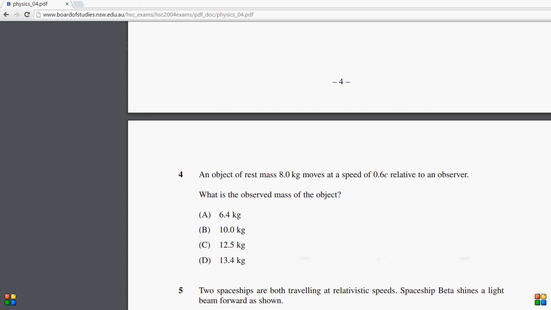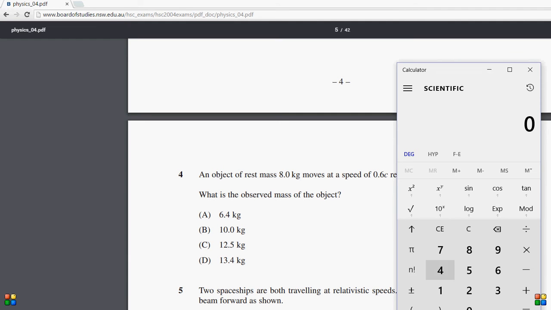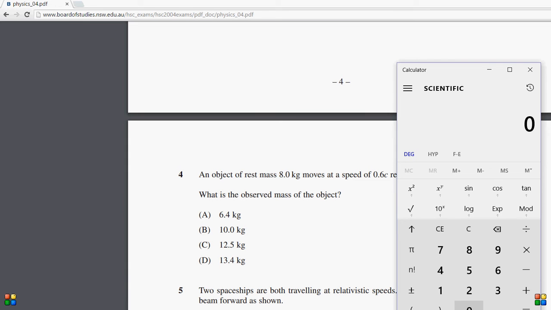Alright, an object of rest mass 8 kilos moves at a speed of 0.6 times the speed of light relative to an observer. What is the observed mass of this object? Alright, let's get our calculator. 0.6 squared, 1 minus 0.36 equals 0.64, square root 0.8.